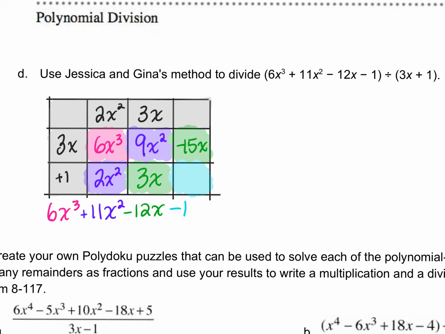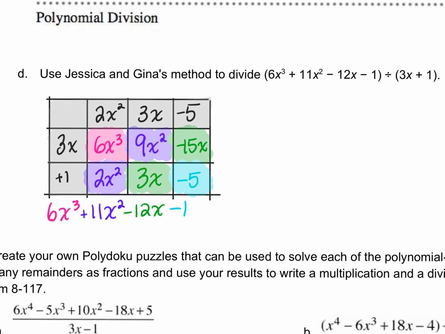Okay. And then I ask myself, all right, what times 3x gives me negative 15x? And that would be negative 5x. I'm sorry, negative 5. Whoops. Wrong color. And then negative 5 times 1 is just negative 5, and that's going to be my constant term.